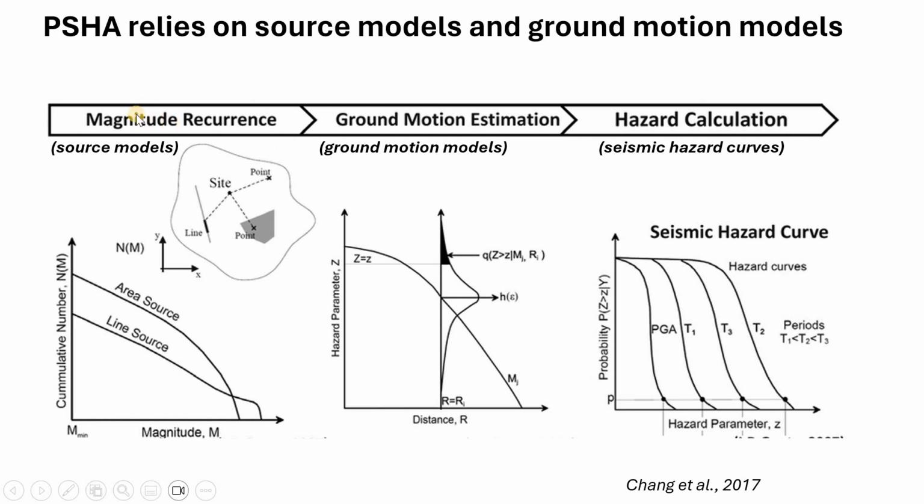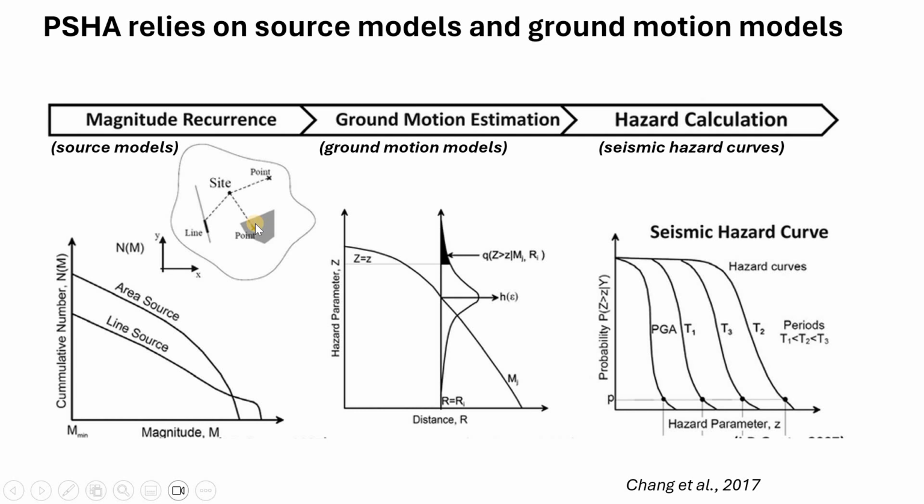As I mentioned, there's two big inputs. One is source models and one is ground motion models. I'm just going to briefly touch on these here. So a source model is essentially trying to represent what are the possible earthquake ruptures that could occur. And these could come from faults. So we're going to rupture some portion of a fault. They could come from points, or they could come from areas.